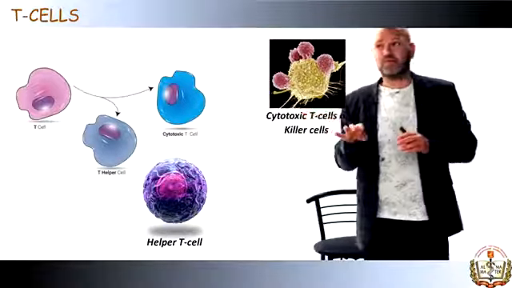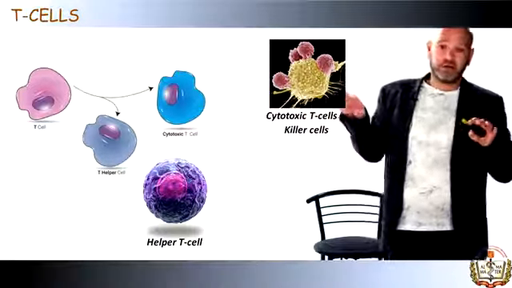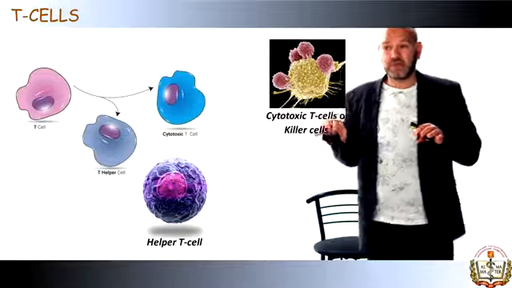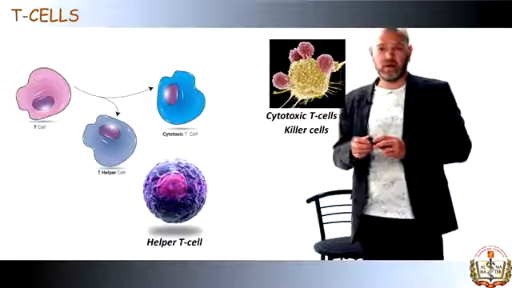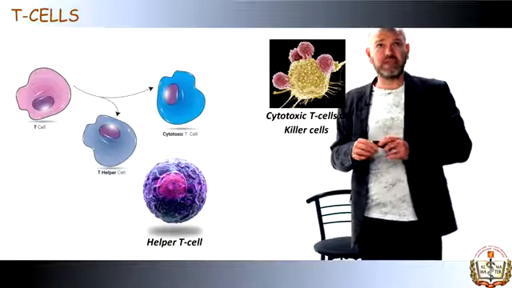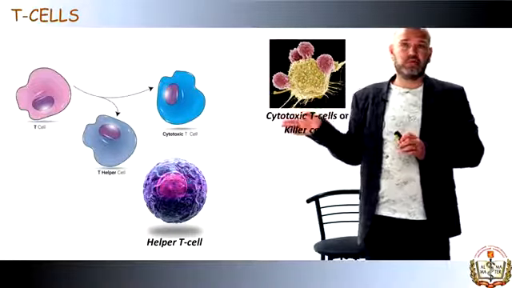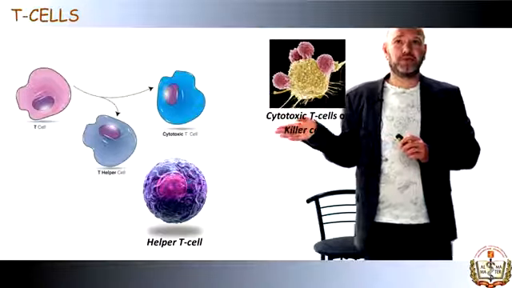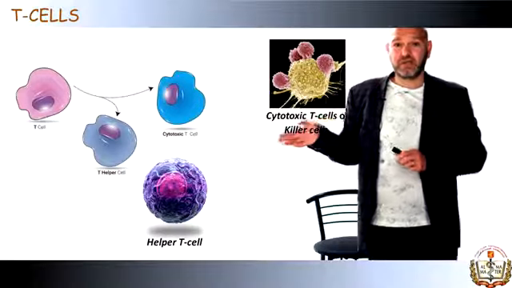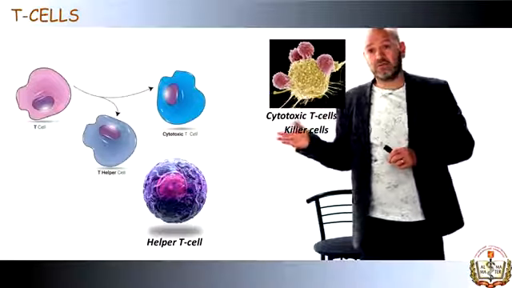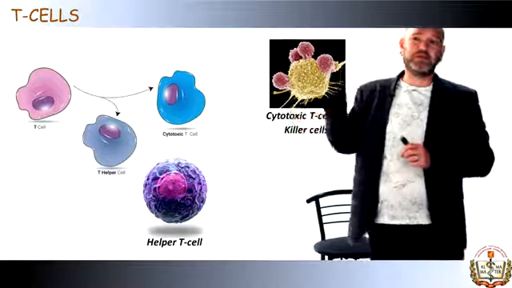Th2 cells are involved in the humoral response. They help to fight multiple extracellular parasites such as helminths. Nowadays, we have one more additional type of T helper cell: Th17. Th17 helpers are named with that number because their main task is production of interleukin 17.